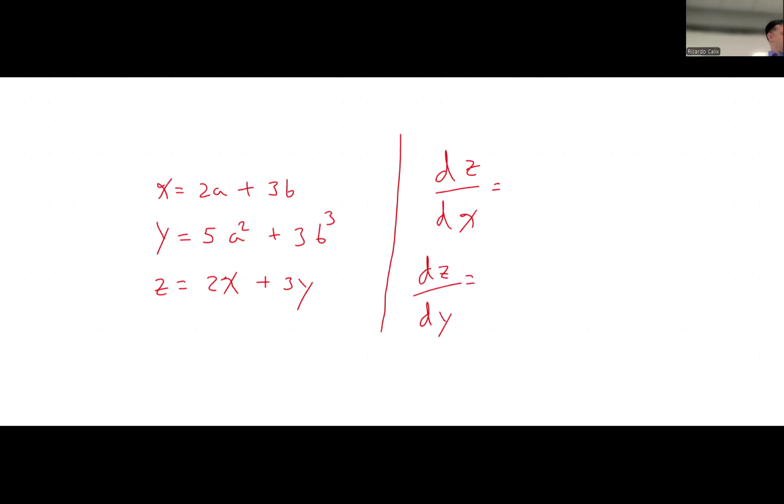And then we're going to have d of x in terms of a, and d of y in terms of a. So this is what's happening in the background. This is what Torch does. Thankfully, we don't have to do this, but this is what Torch does for the function that we have.